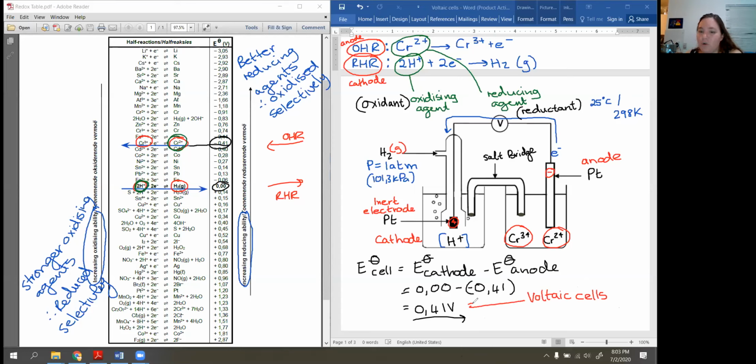Voltaic cells will always have a positive E theta cell. They've got to be spontaneous. The thing that's being oxidized must be the substance that's a better reducing agent, and the thing that's being reduced must be the substance that's a better oxidizing agent.